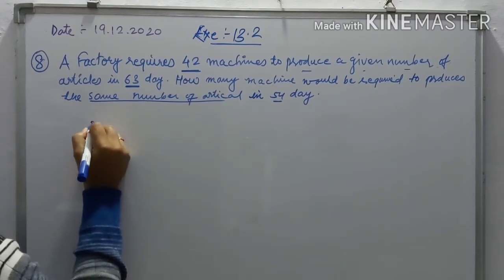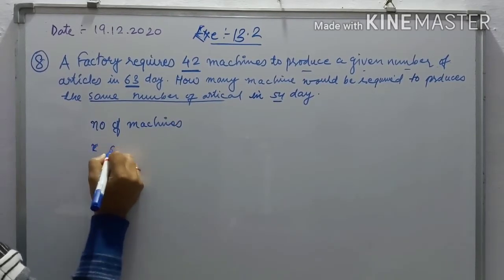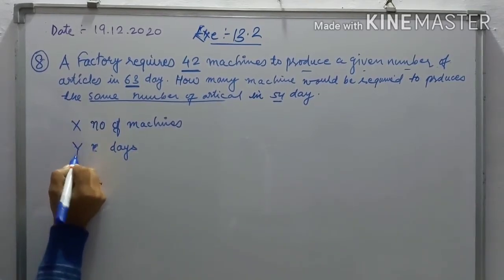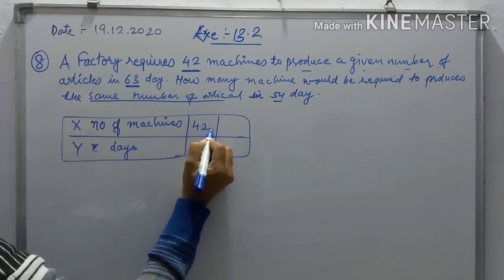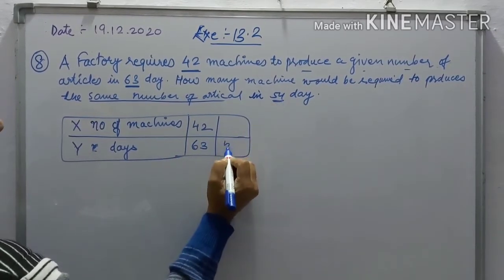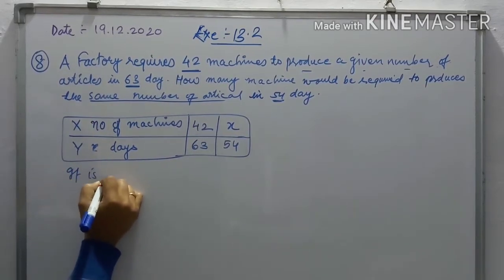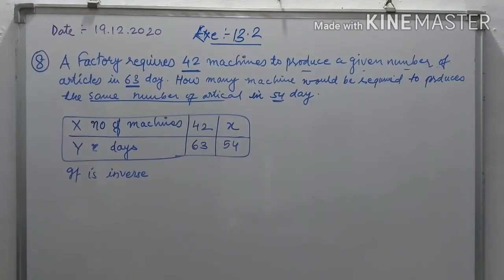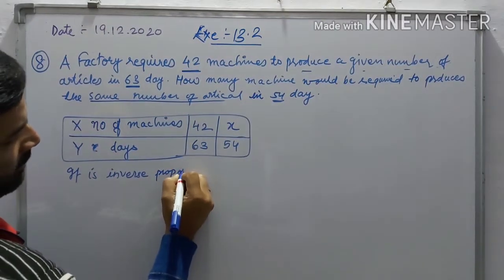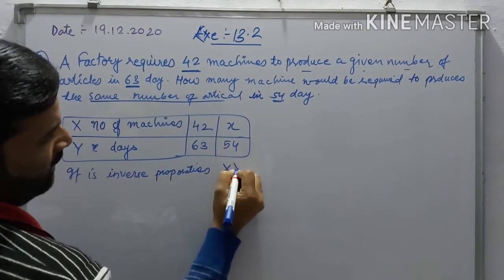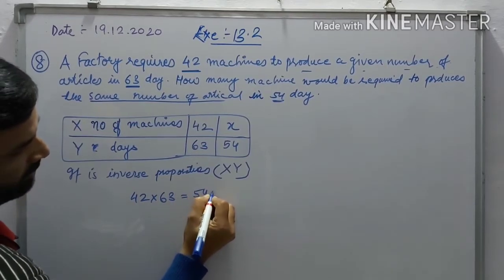So you write number of machines and days. Okay, this is the value of X and this is the value of Y. First the machines are 42, the number of days is 63. As the days decrease, the machines increase, so it is inverse proportion. The formula is X into Y. X into Y means 42 into 63 is equal to 54 into x.